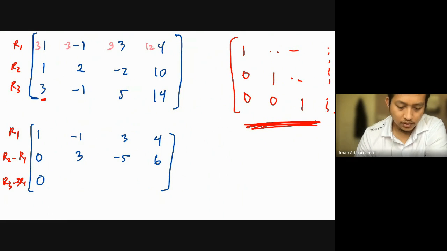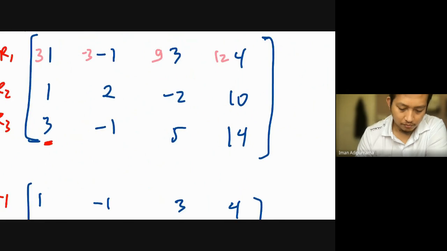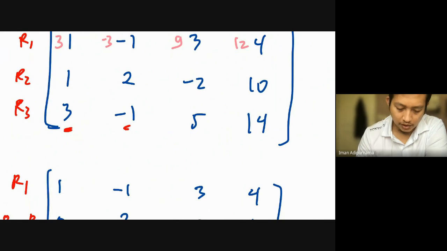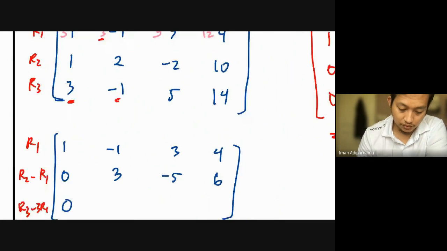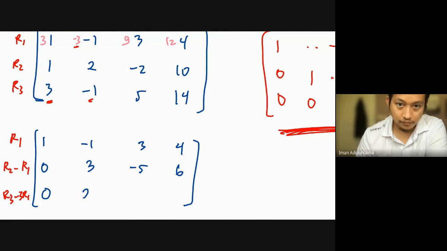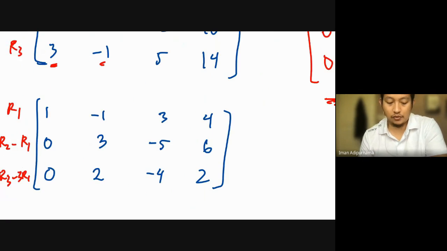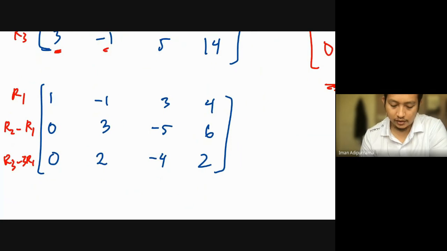Minus 1 minus 3, so minus 1 plus 3 is 2. 5 minus 9 is minus 4. 14 minus 12 is 2. I think this will be the better choice for me, because I like this one.